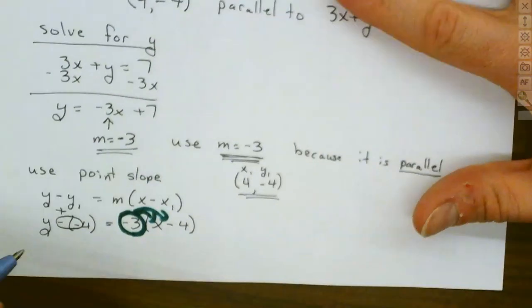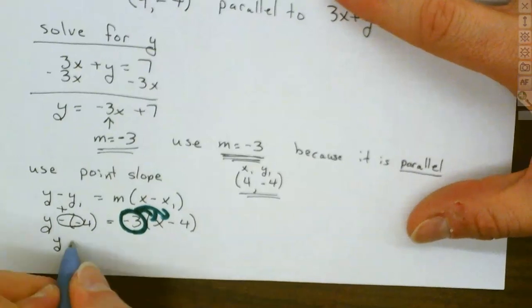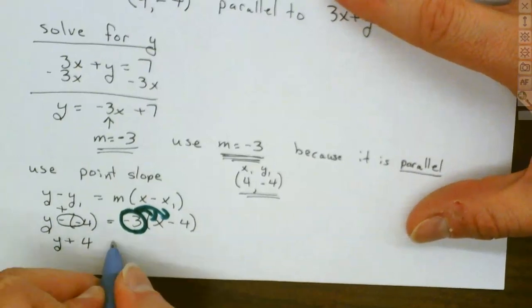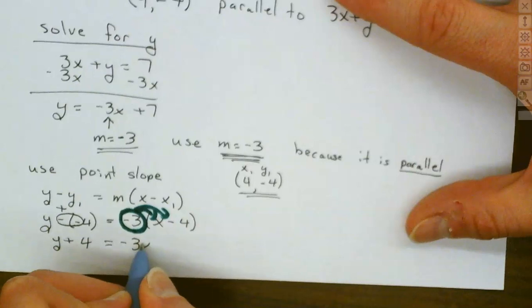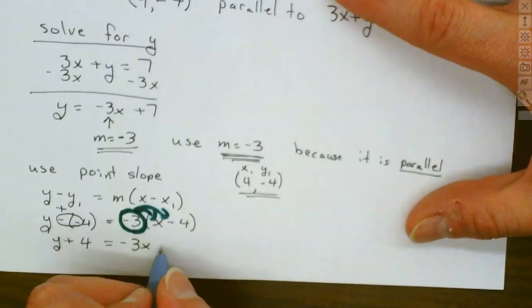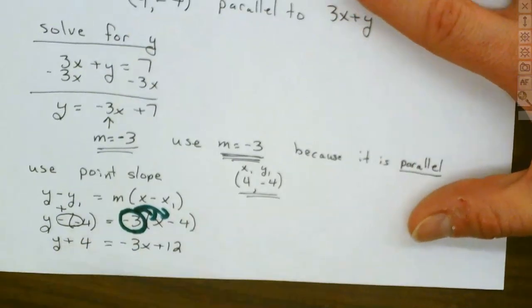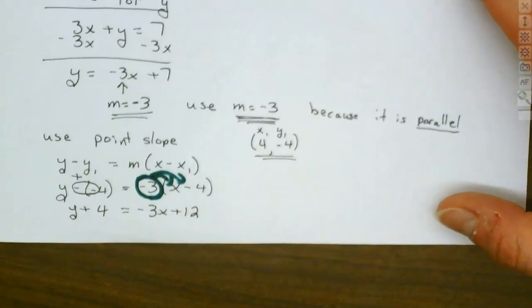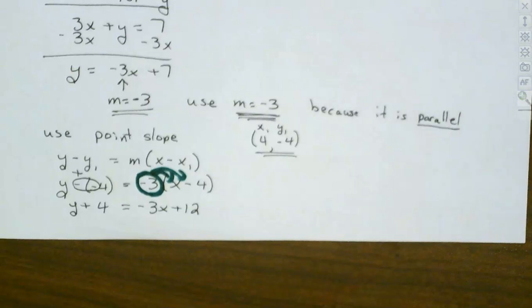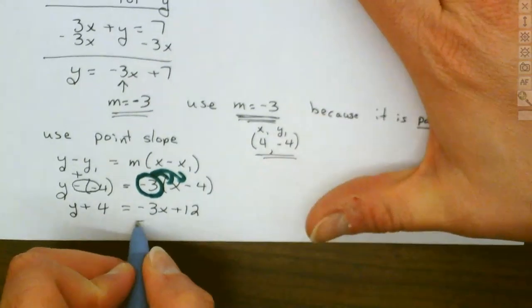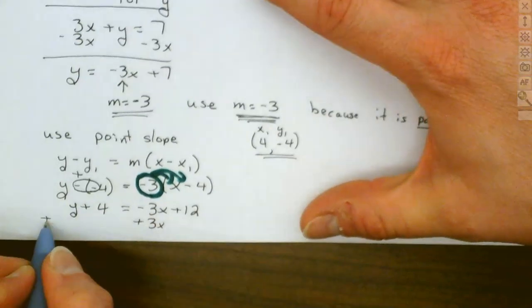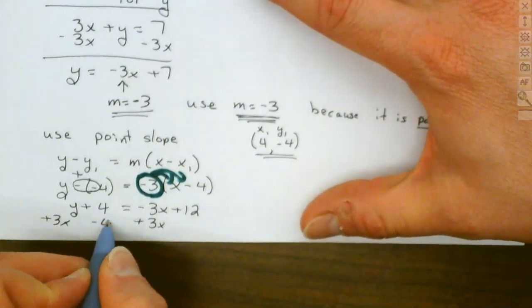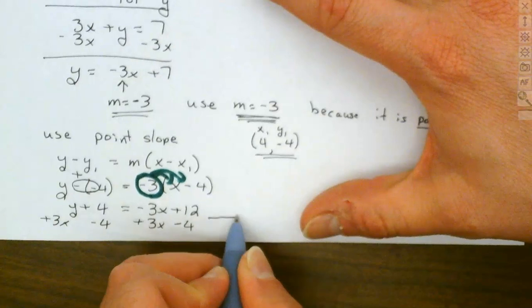That leaves you with y plus 4 equals a minus 3x. Double negative makes it a positive 12. Almost finished here. So we want this in standard form. So that means we need to move that 3x over and move that 4 over as well.